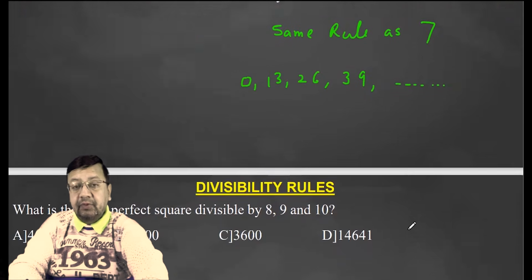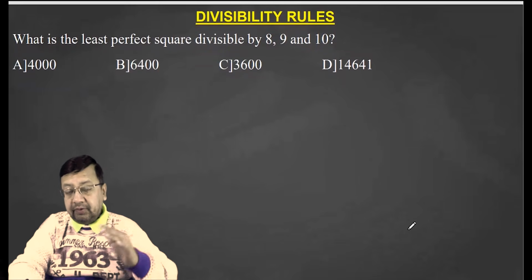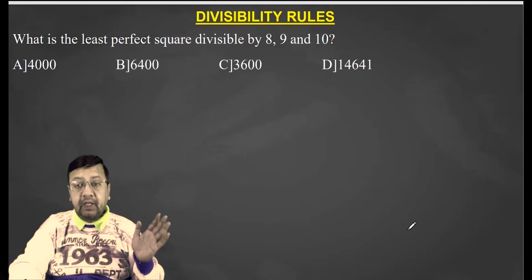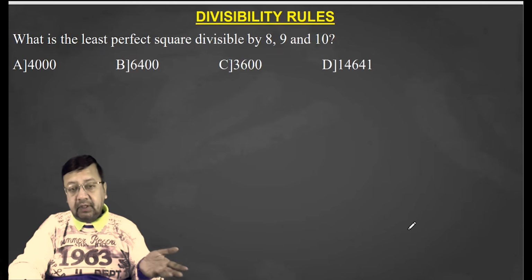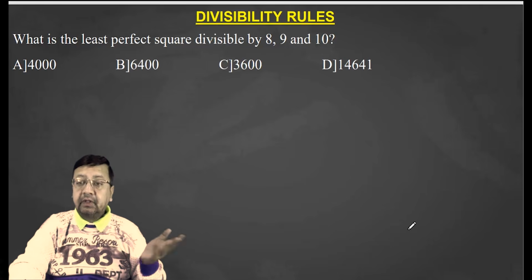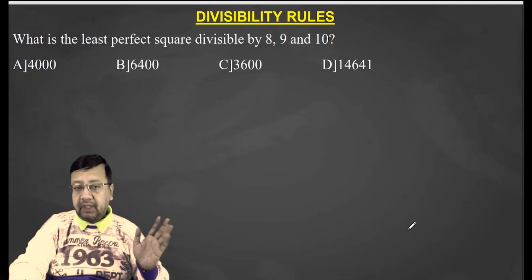The rules are for 2, 3, 4, 5, 6, 7, 8, 9, 10. For 10, the last digit should be 0. Then 11, 12, 13. So all these rules are there.